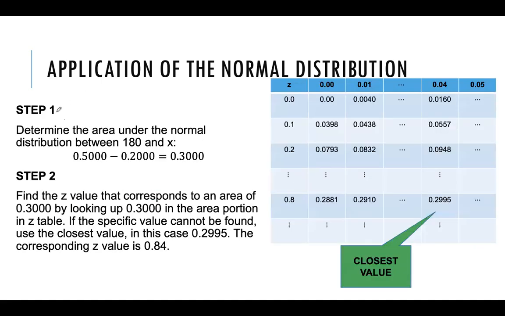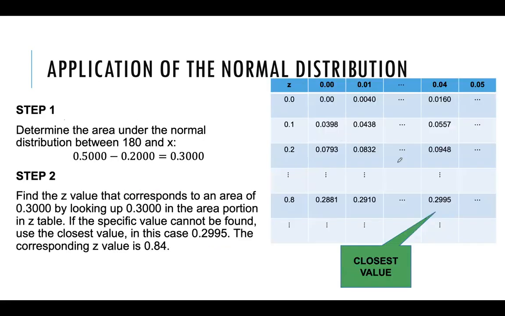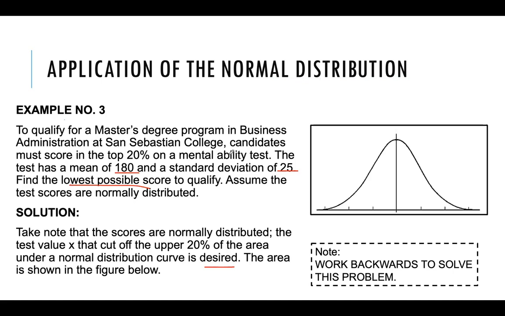Okay? So step 1, we have to determine the area under the normal distribution between the mean of 180 and a standard deviation of 25. So 0.5000, because we will only use one half of the area, so 50%.